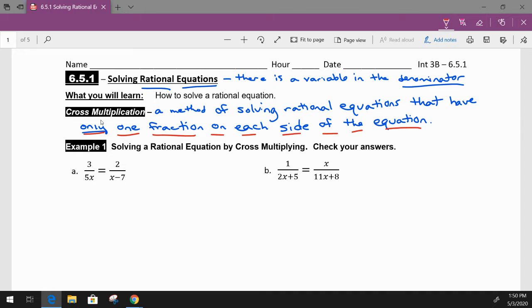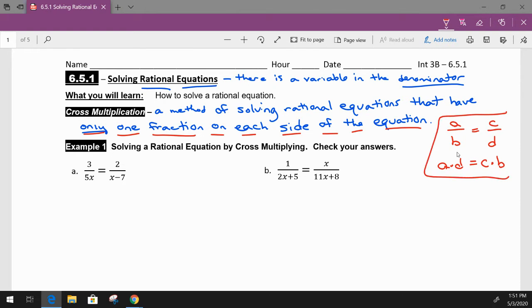So cross multiplication basically looks like this, and we use it in proportions, we use it with probability, but if you have one fraction on the left side of your equation and one fraction on the right side of your equation, basically it says that A times D, so the numerator from one side of the equal sign multiplied by the denominator of the other equals the numerator on the right side of the equation times the denominator on the left side of the, oops, not D, B, on the left side of the equation.